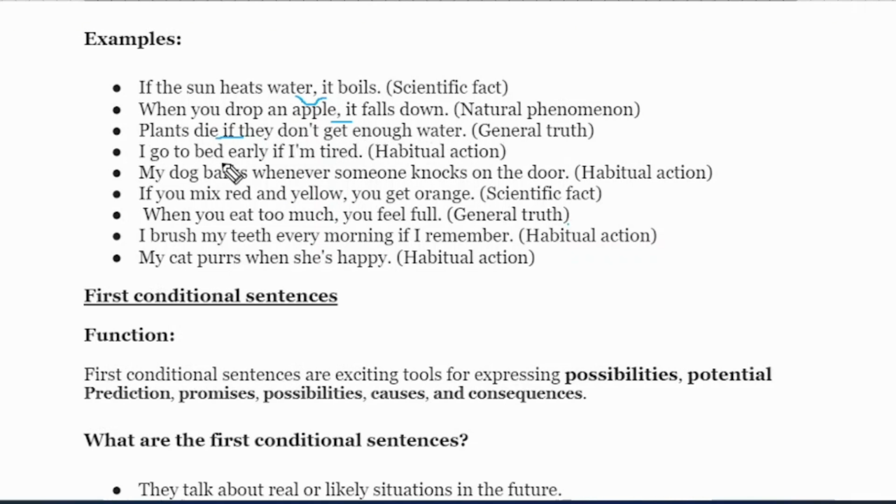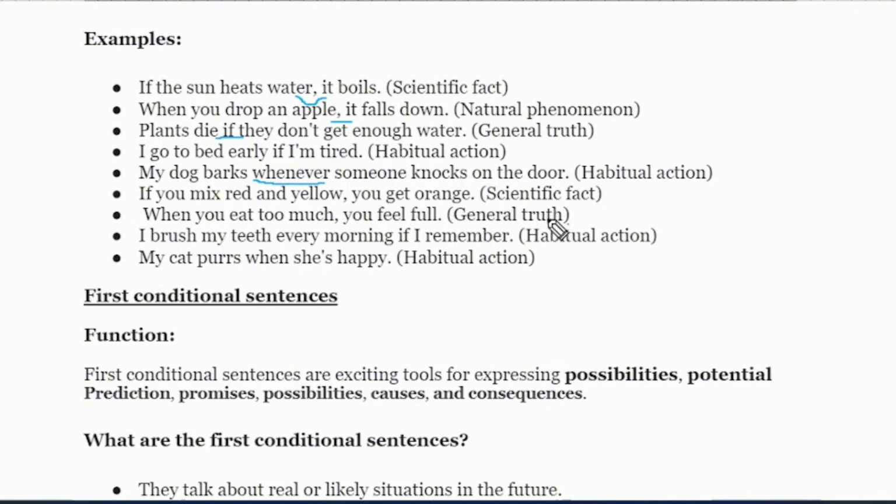I go to bed early if I am tired. That is a habitual action. My dog barks whenever someone knocks on the door. Now we use whenever. That is a habitual action. If you mix red and yellow, you get orange.